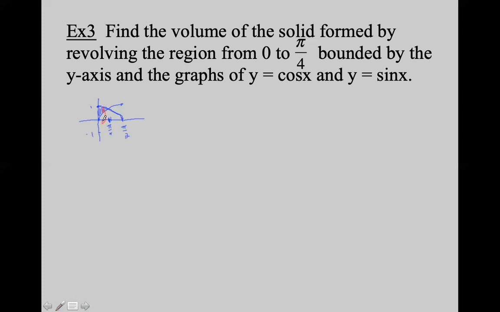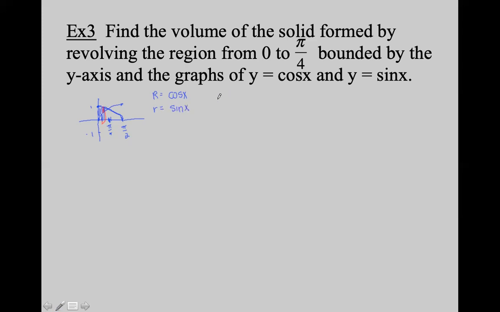Big R is going from the axis of revolution all the way up to the top curve. So our big R is our cosine function, the one that started at 1. Our little r is this radius going up from the axis to that lower curve. So our little r is sine x.